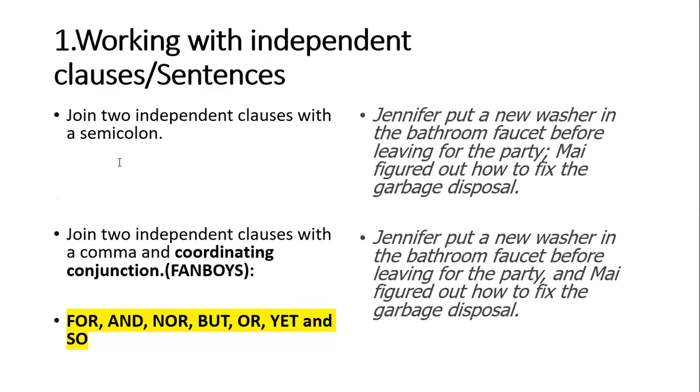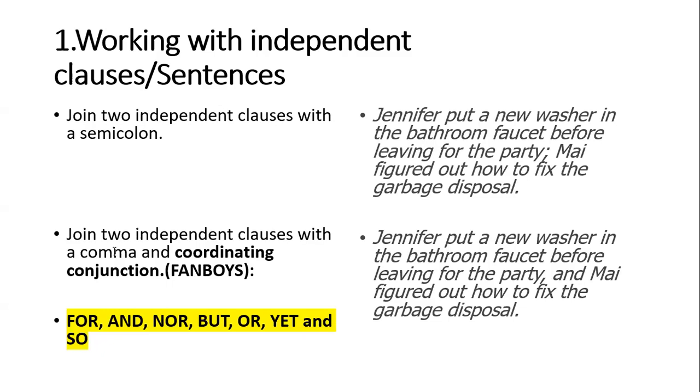Always remember, if you want to join IC and IC, you can use IC, semicolon, IC, or IC, comma, FANBOY, IC. Any of the FANBOYS; mostly and is the one which is commonly tested. Am I clear, everyone? Only two ways you can connect independent clauses without messing up the punctuation.